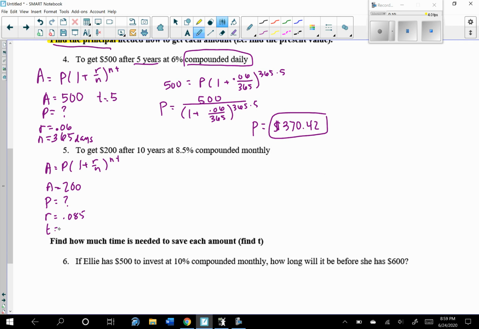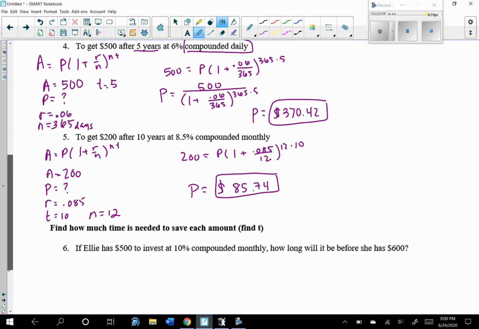T is equal to 10. And compounded monthly, so N is equal to 12. So 200 equals P times 1 plus 0.085 divided by 12 to the 12 times 10 power. And plug that into your calculator and you should get $85.74.